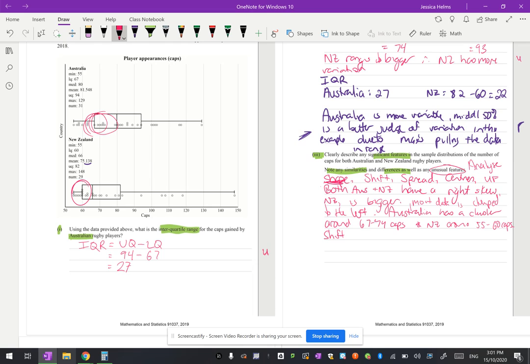Shift is really the box itself. The Australian box is shifted to the right of the New Zealand box.